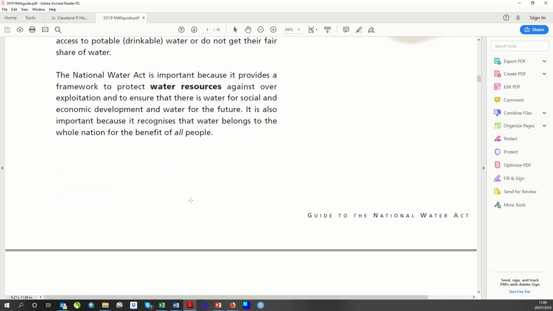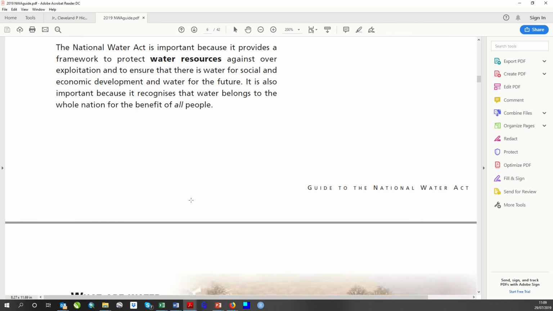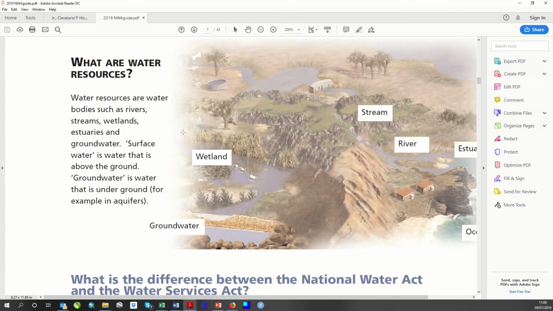The National Water Act is important because it provides a framework to protect water resources against overexploitation and to ensure, remember, this is a top-down approach, that we regulate use of water and ensure that there is water for social and economic development and water for the future. Sustainability, sustainability, sustainability. It is also important because it recognizes that water belongs to the whole nation for the benefit of all people.